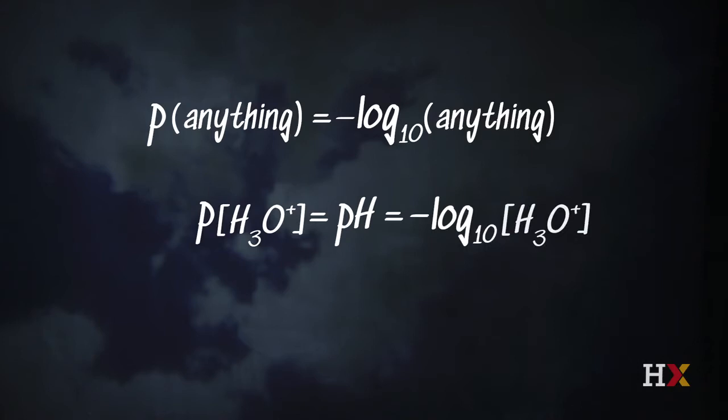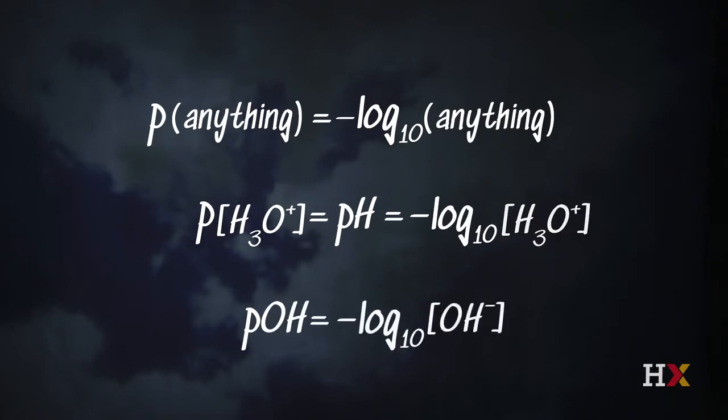Well, I can do exactly the same thing with my OH minus concentration, hydroxide anion. But in this case, I call this pOH, which is a shorthand form of OH minus, and that's equal to minus log to the base 10 of the hydroxide anion in solution.